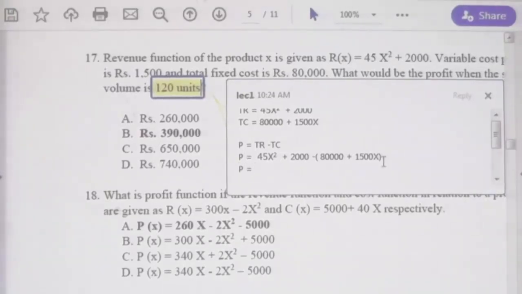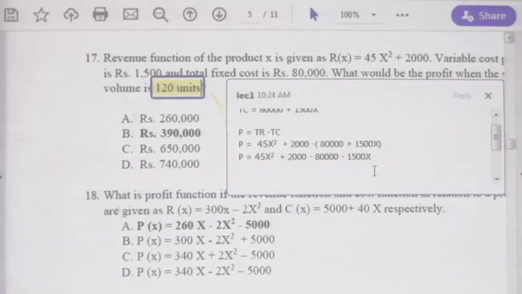P equals, this will remain as it is. When you solve this, the bracket will be eliminated and take minus. When the bracket is eliminated, this also becomes minus. Let's see what happens then.